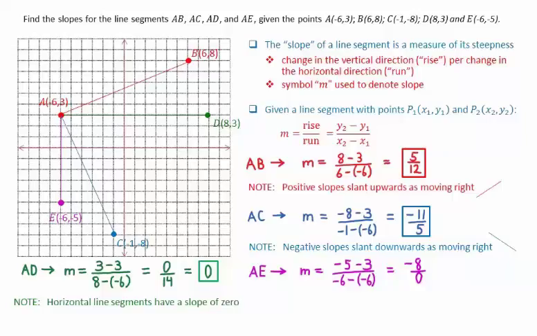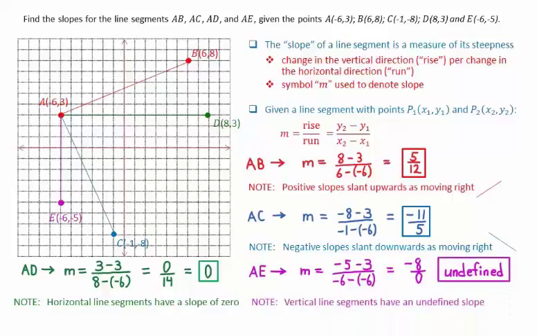Notice that in this case, the denominator is 0. Note that we cannot have division by 0. That means that this slope is undefined. Note that vertical line segments will always have an undefined slope. This is because the run, which is on the denominator, will always be 0.